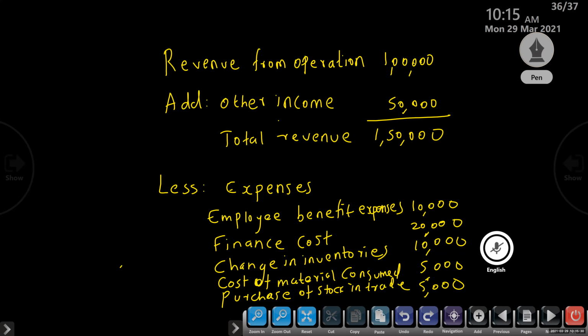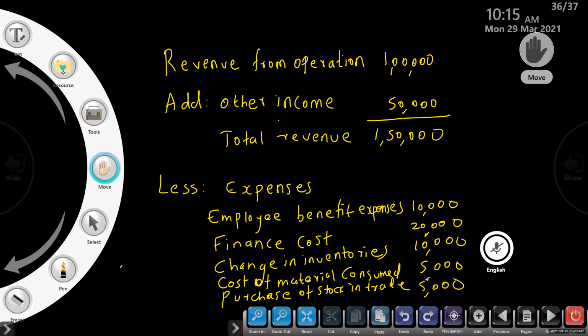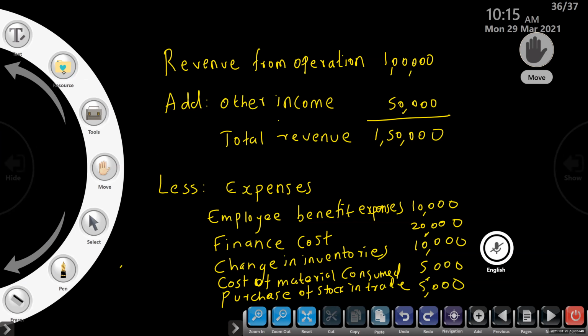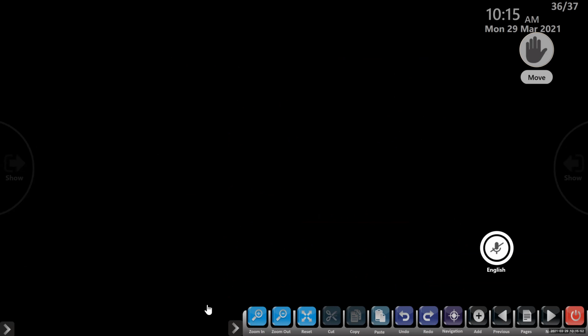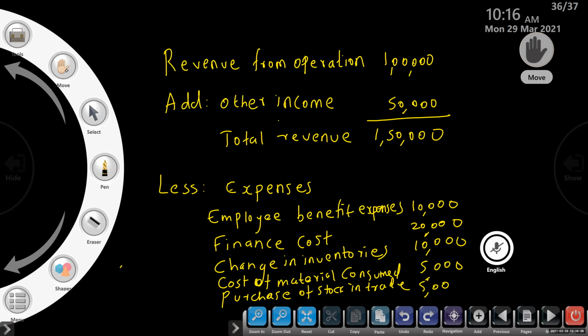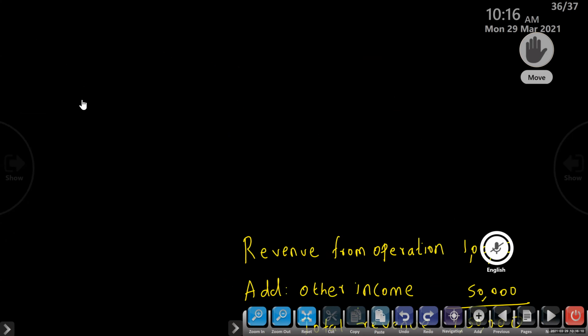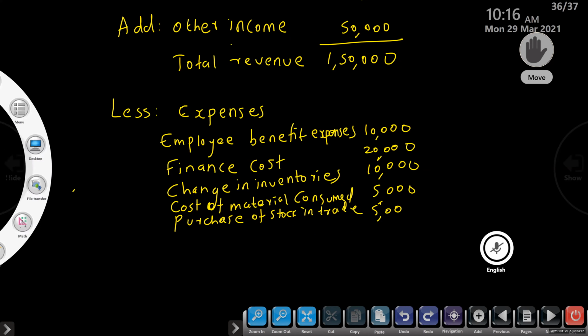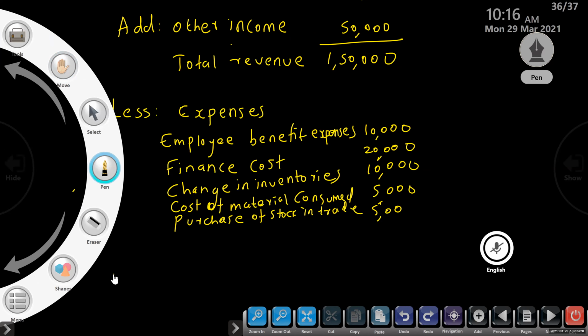Now, revenue from operation, add other income, then you will get total revenue, less expenses: employee benefit expenses, finance cost, change in inventories, cost of material consumed, purchase of stock in trade.